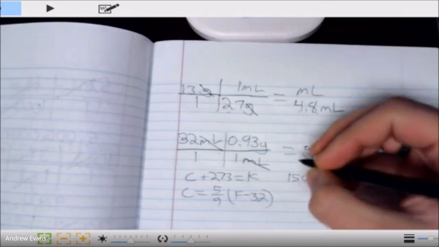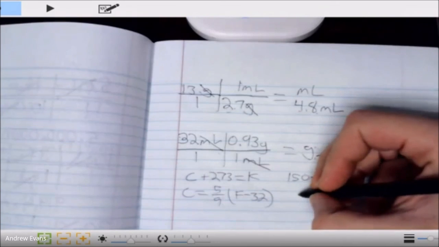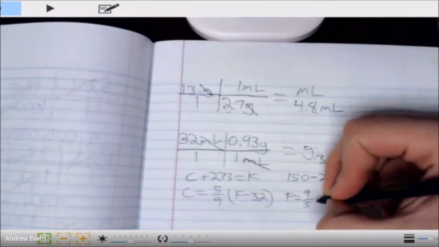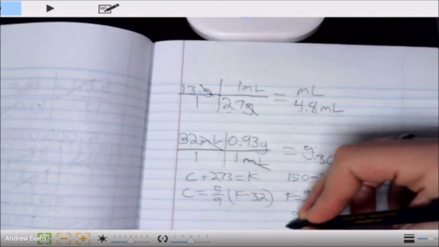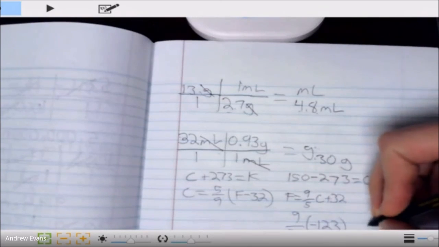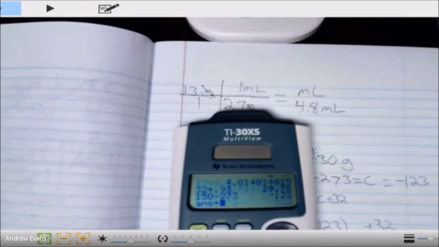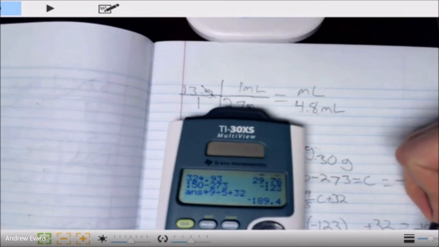Working our way backwards, Fahrenheit must equal 9/5 Celsius plus 32. So 9/5 times negative 123, all that plus 32, means we have a temperature of negative 189.